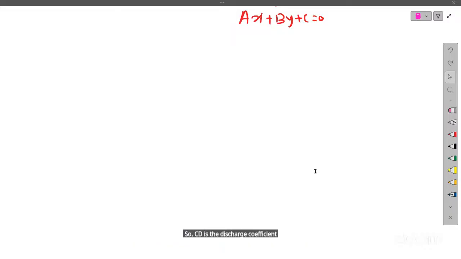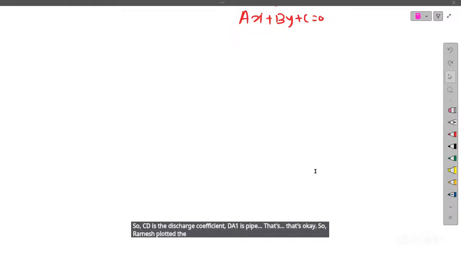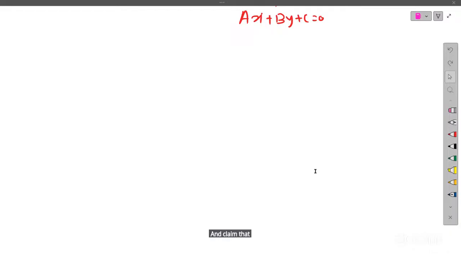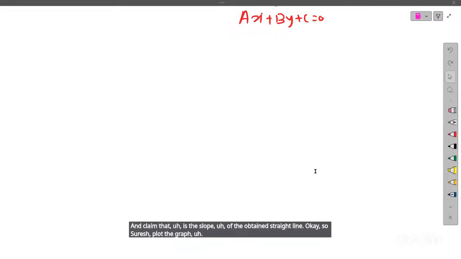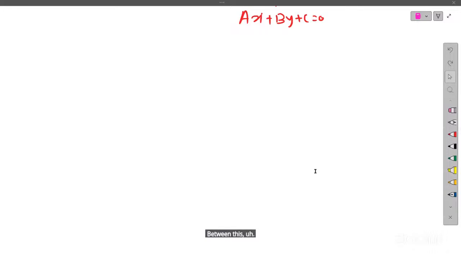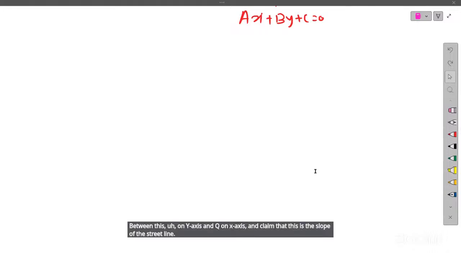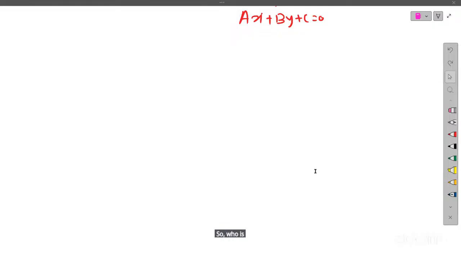Ramesh plotted the graph between Q on the x-axis and root of del H on the y-axis and claims that this is the slope of the obtained straight line. Suresh plots the graph the other way around. So who is actually correct?